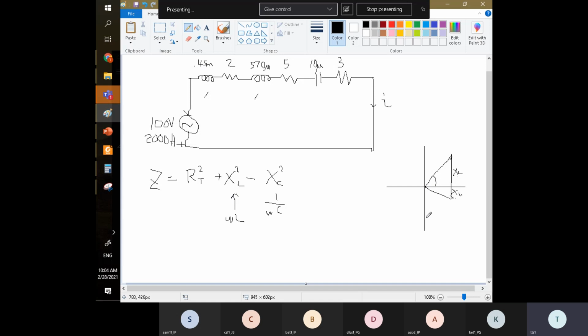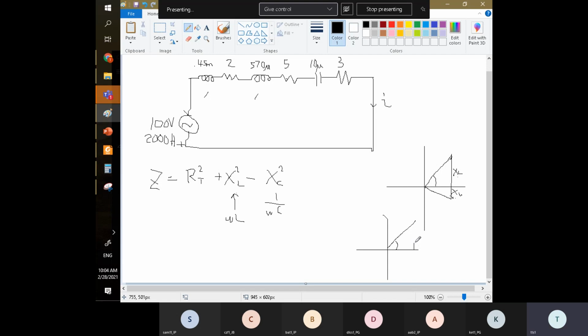Okay, to find the difference, the resultant, the answer will be on a positive angle, because this is the large number here. You can calculate that this value is much larger than this value.